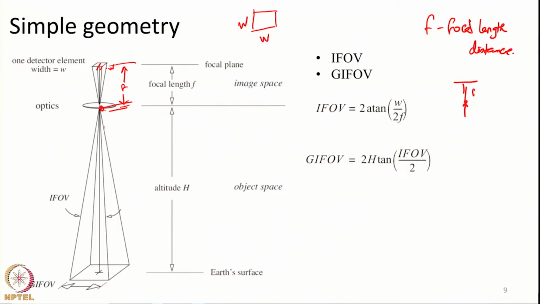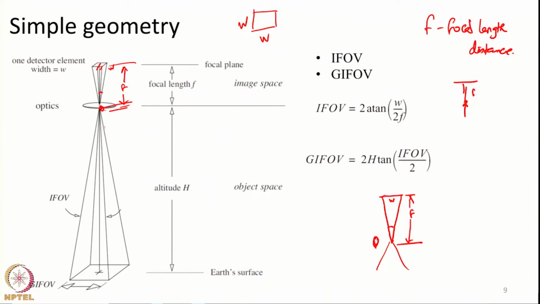each detector element will have a small angle subtended. Now I am drawing it in 2 dimensions. Let us say this is the width W of the sensor, this is the optical point O, and this is the focal length F. Whatever light ray comes in from the ground within this particular angle will be focused onto this detector.